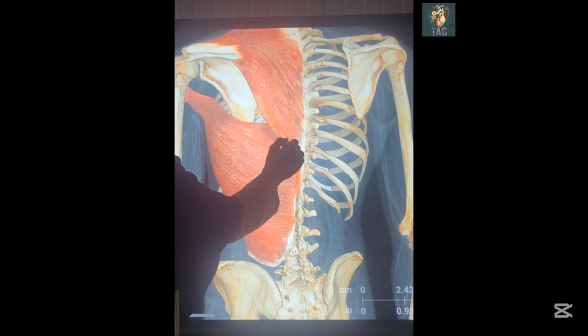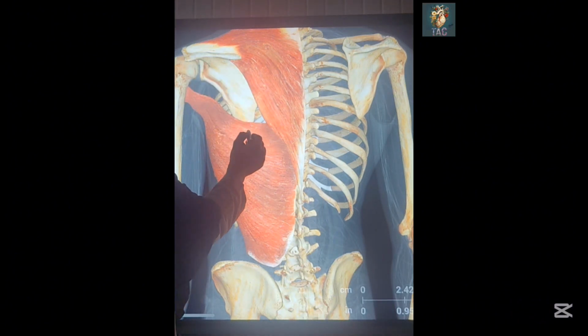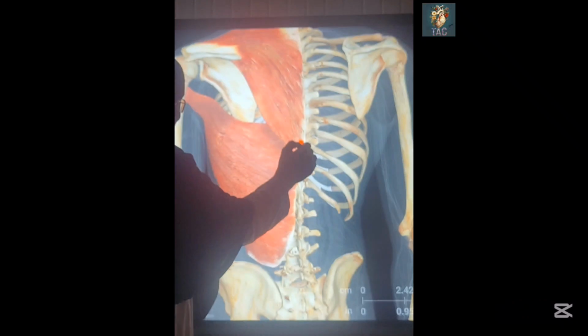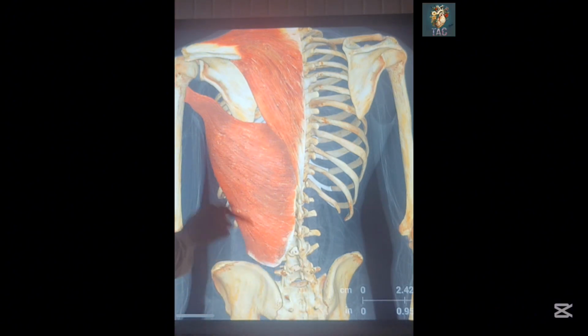So this whole is the origin of the latissimus dorsi: the inferior angle of the scapula, then the lower four ribs you can see over here, all the thoracic vertebrae, then the iliac crest, and also the thoracolumbar fascia. And this muscle then inserts into the humerus.